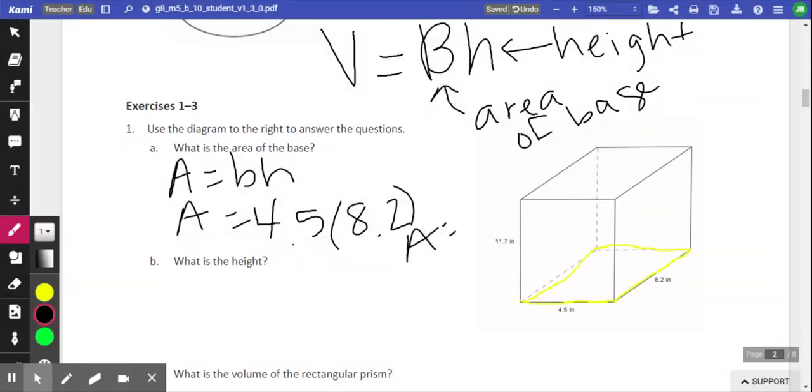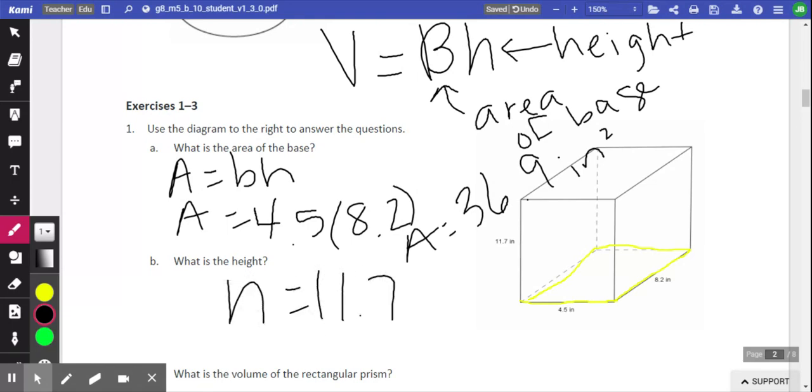And then when you multiply these together, you should get 36.9. And that's going to be inches squared. Square inches. And then the height of this prism is going to be 11.7.